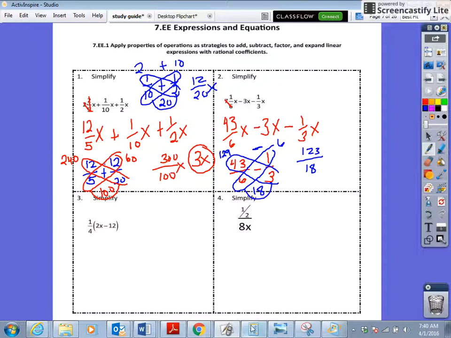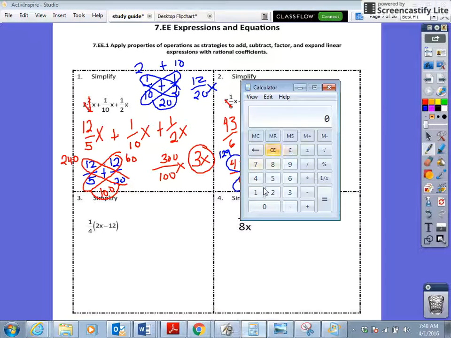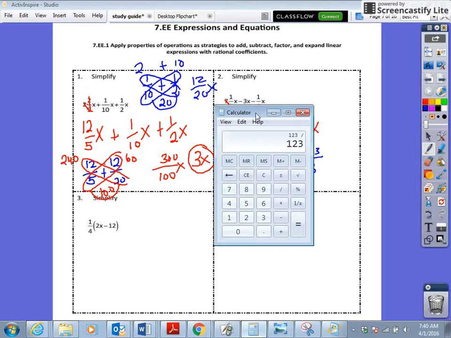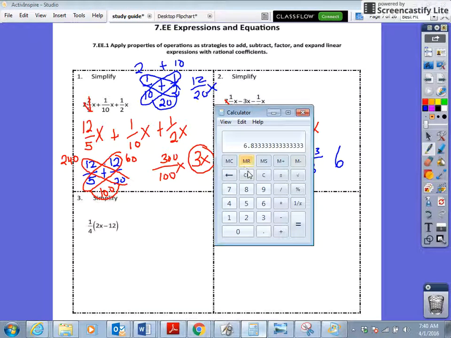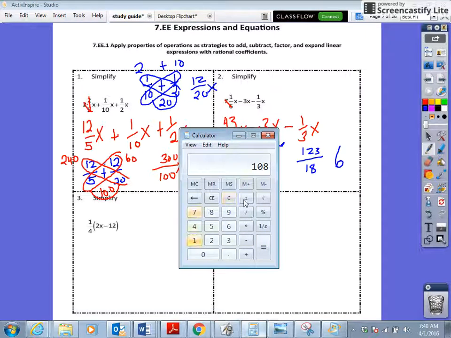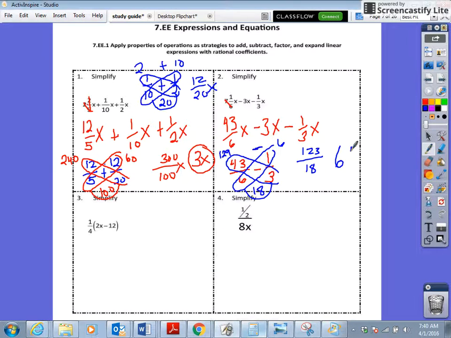So 123 divided by 18. So that goes in 6 times. So I know that my large number is going to be 6. So 18 times 6 is 108. So when I subtract from 123, I get 15 left over. So I have 15 18ths left.